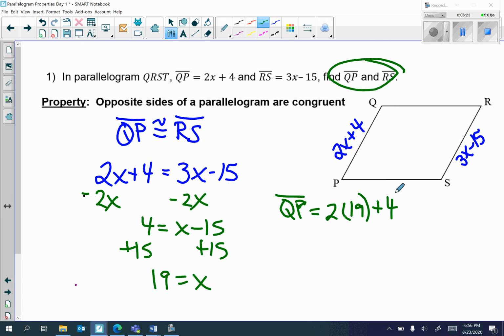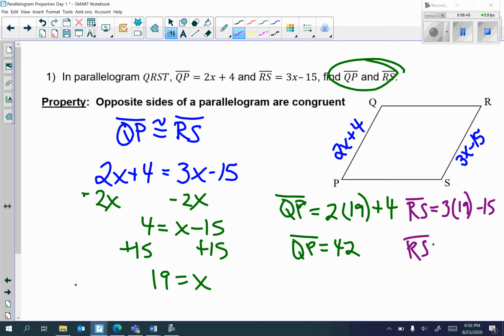You can put that right into your calculator, and I'm going to get 42. When I do the same thing to RS, I should also get 42 since they're congruent. But let's check just in case. 3 times 19 minus 15. Again, put that into your calculator, and you will also get 42. Opposite sides of a parallelogram are congruent.